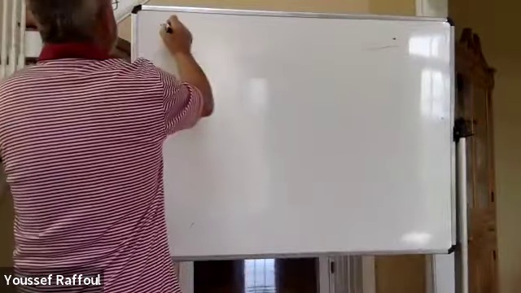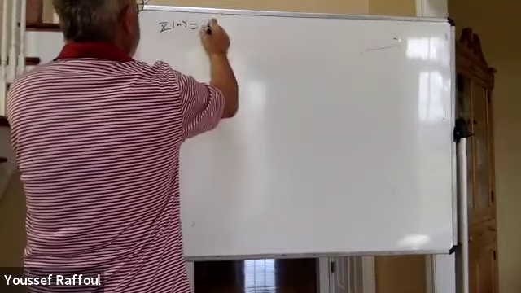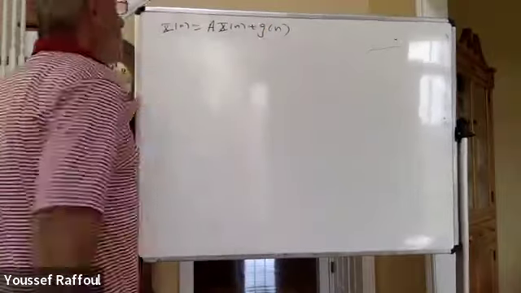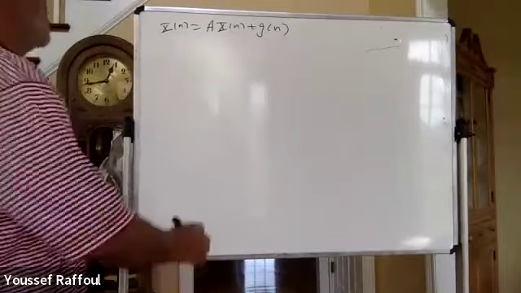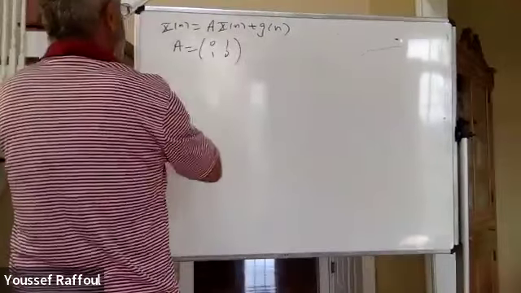So we have the system x_{n+1} = A x_n + g_n. You see that? And here A is [0, 1; 1, 0].